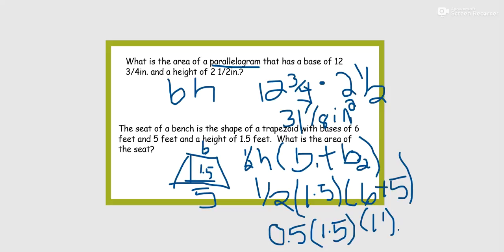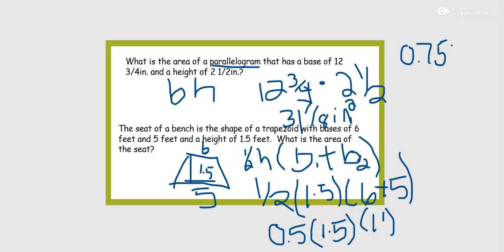And 1.5 times our 0.5 would equal 3/4, which is 0.75.